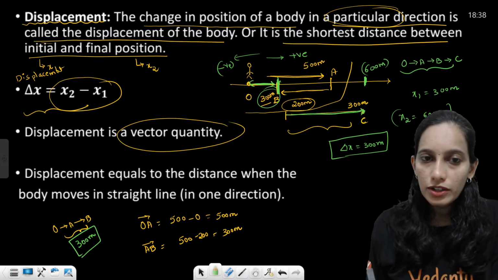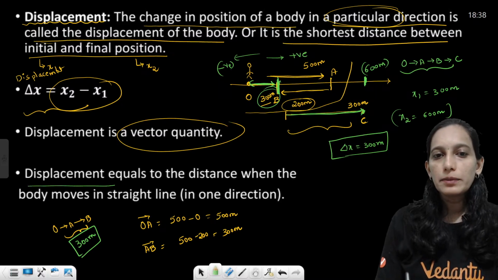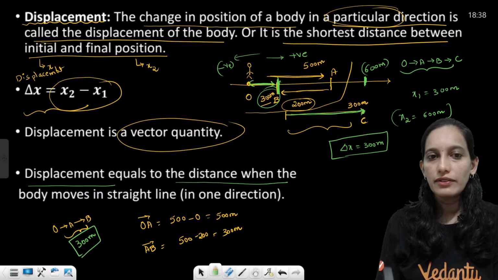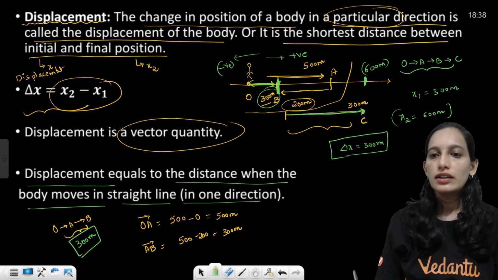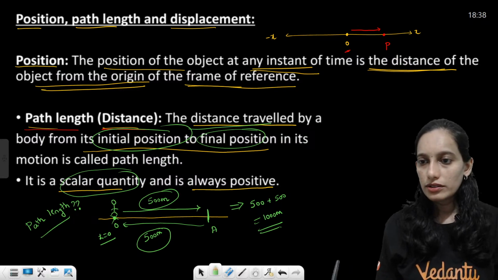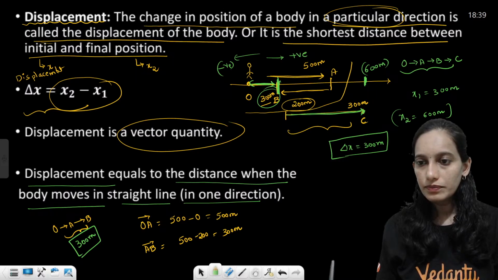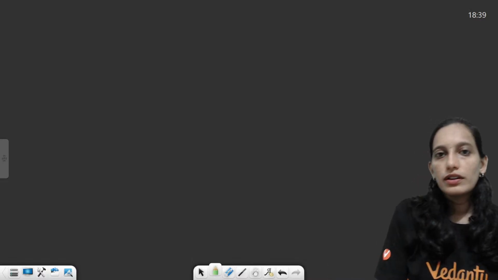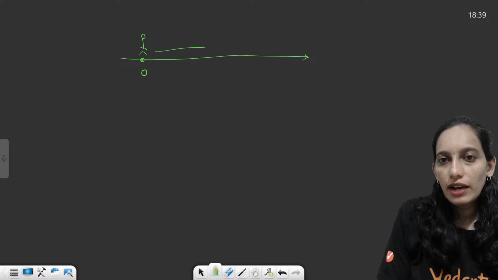So the next thing is, this is one special case where the displacement will be equal to the distance traveled when the body moves in a straight line or in one direction. Let me say, if the person is traveling, starting from O, he travels only in this direction.